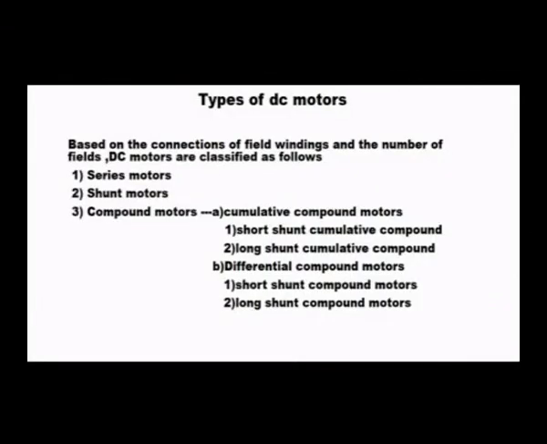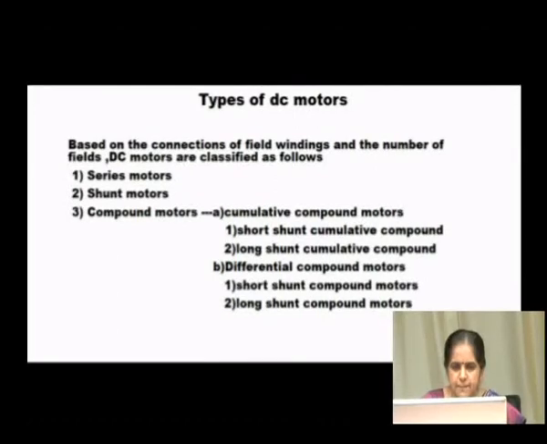Now let us try to know what the different types of DC motors are. The different types of DC motors are classified basically on the way in which the field windings are connected with the armature windings. Based on this configuration there are three different types of motors, namely the series motor, shunt motor, as well as the compound motor.